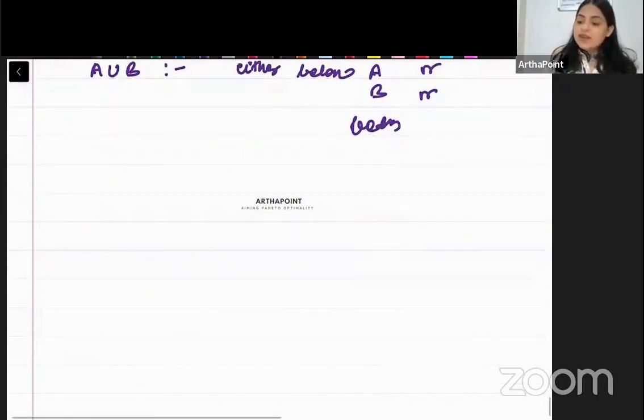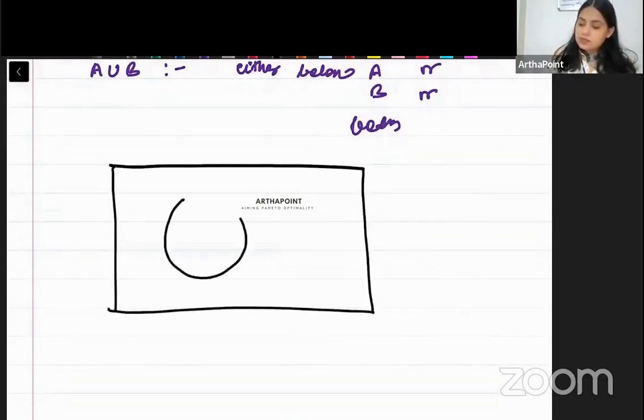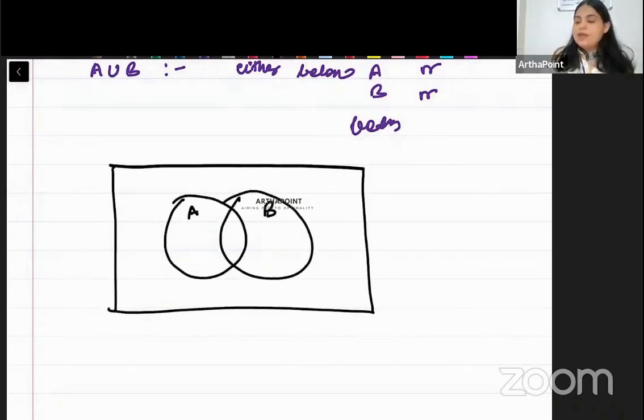And in the Venn diagram, it can be represented with either the part only in A or B, and see this common area of A and B, so either A or B or both.